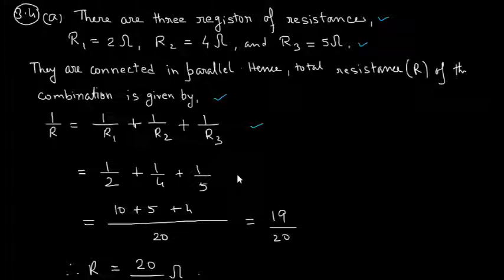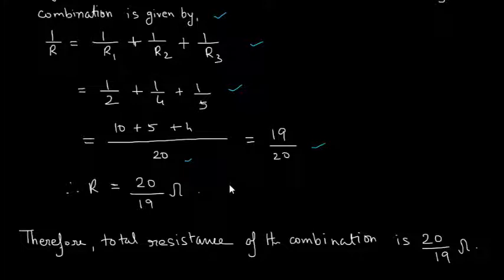Putting the values of R1, R2 and R3, we get 1 by 2 plus 1 by 4 plus 1 by 5. The LCM is 20, and after solving we get 19 upon 20. Therefore, the value of R is equal to 20 upon 19. Therefore, the total resistance of the combination is 20 upon 19 ohm.